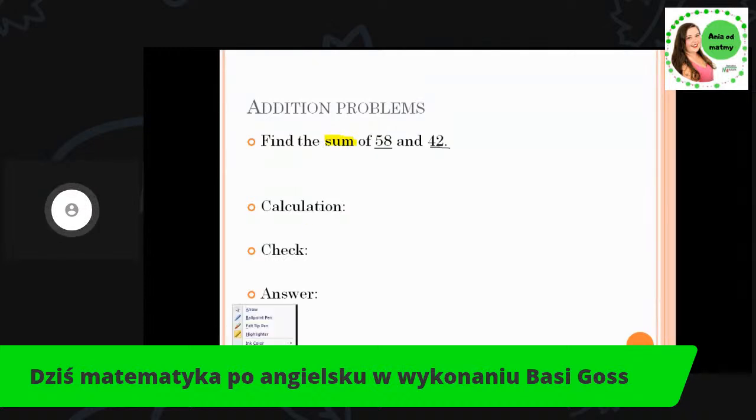So what's the calculation? Yes, Cornelia, brilliant. What's the calculation for this problem? 58 and 42 is 100.